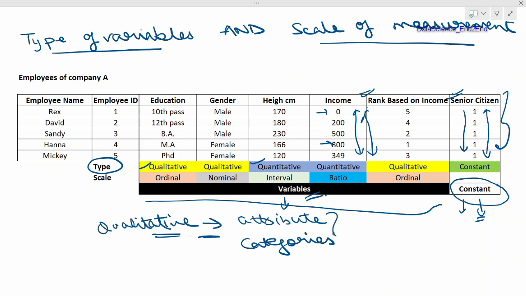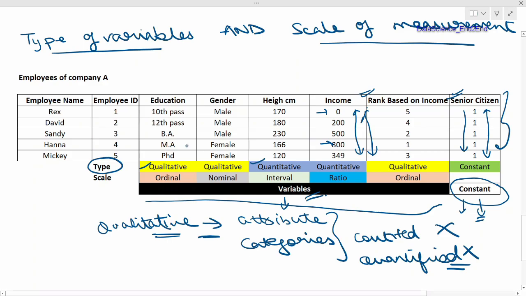And these are those variables which cannot be counted or quantified.